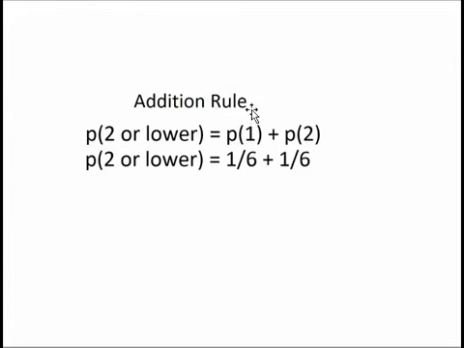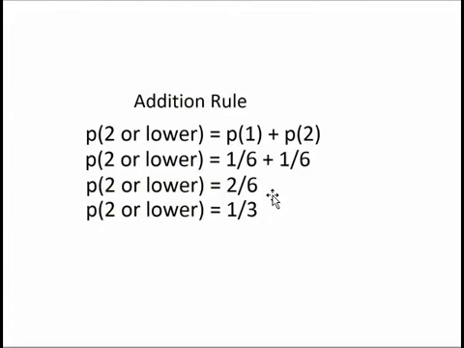So the probability of rolling a 1 is 1 over 6, and the probability of rolling a 2 is also 1 over 6. So the probability of rolling a 1 or a 2 is equal to the total of these two probabilities. 1 plus 1 is 2, so the answer is 2 over 6, which reduces to 1/3. We could also divide 1 by 3 to get a decimal, and our answer would be 0.33.